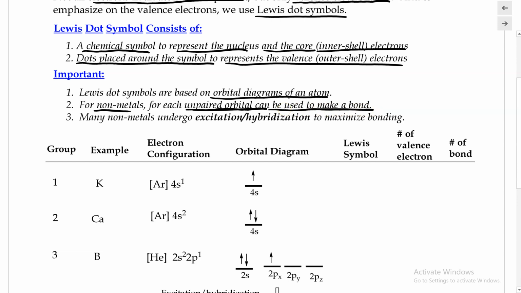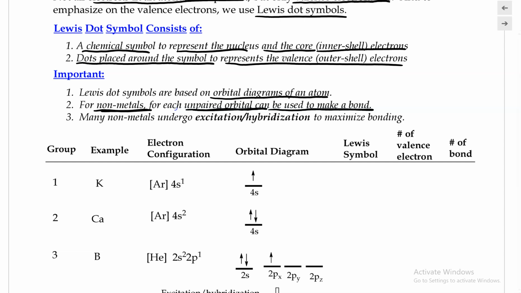So it's quite useful for us to be able to draw the Lewis dot symbol correctly, because we can use it to predict how many bonds an atom would make. In this case, this refers to only the nonmetals.